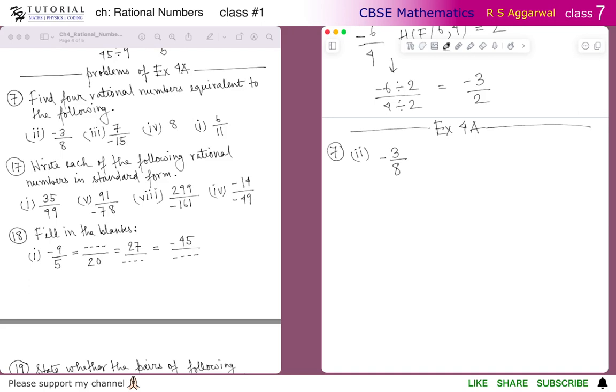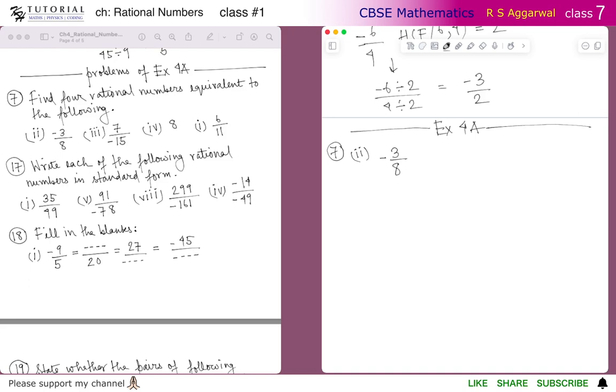There could be lots of equivalent rational numbers for a given rational number, but you have to just create 4. The equivalent rational numbers that you create might be different from others, but that is no issue. You just have to multiply or divide with 4 different integers.